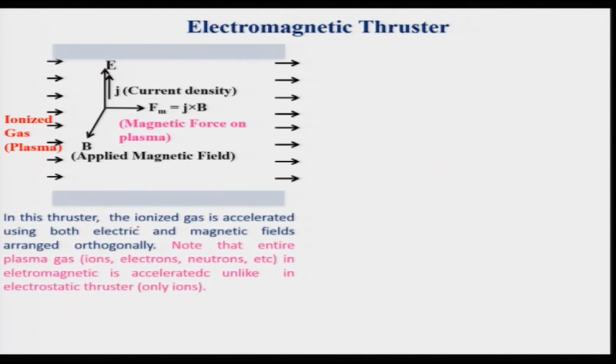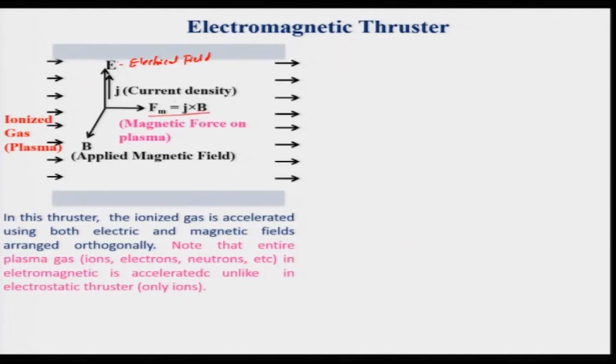In this case, the ionized gas is accelerated using both the electrical field, shown here as E, and the applied magnetic field B, which are arranged orthogonally, that means perpendicular to each other. And this plasma is accelerated by the application of the magnetic and electrical field along the axial direction, as shown here.